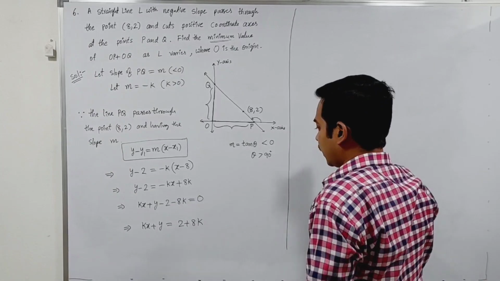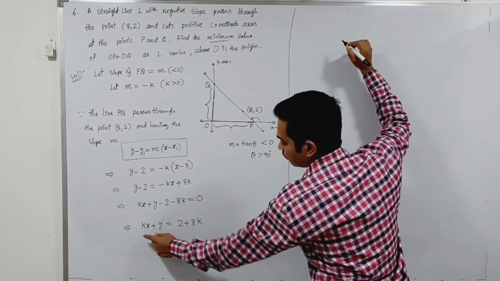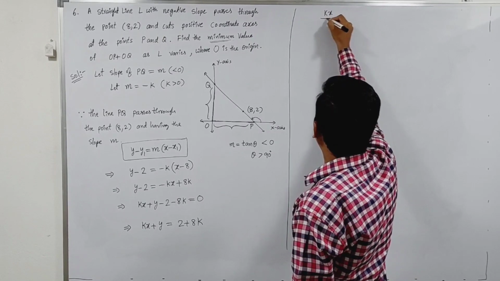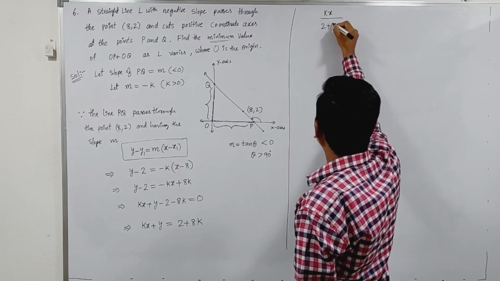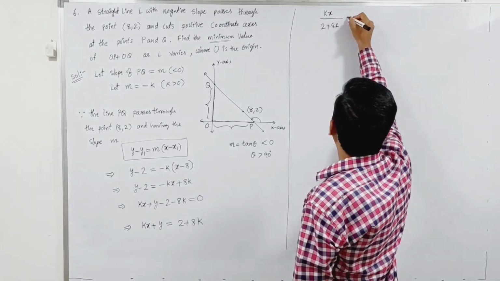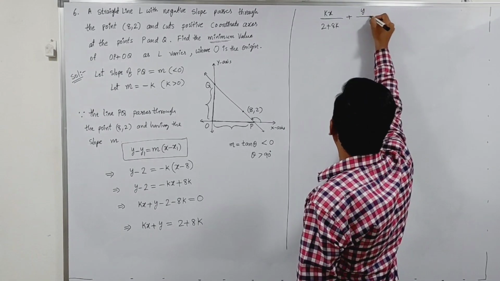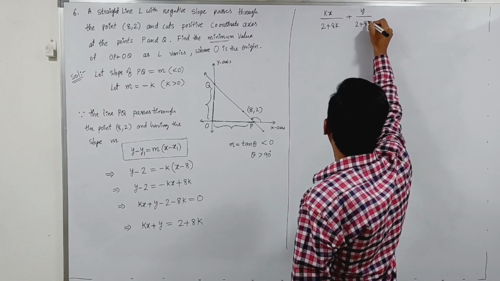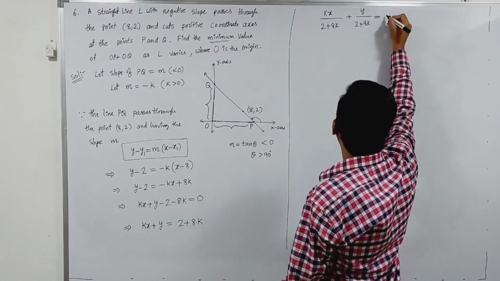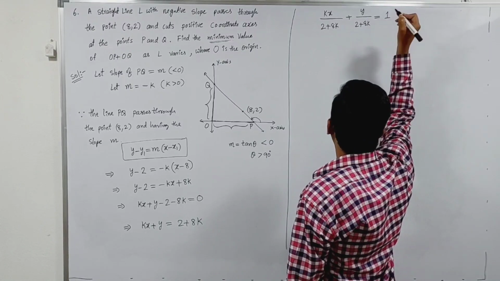After sending the constant term to the right side, dividing each and every term by the constant term, we get the intercept form of the straight line. That is kx by 2 plus 8k, plus y by 2 plus 8k, equal to 2 plus 8k by 2 plus 8k, nothing but 1.